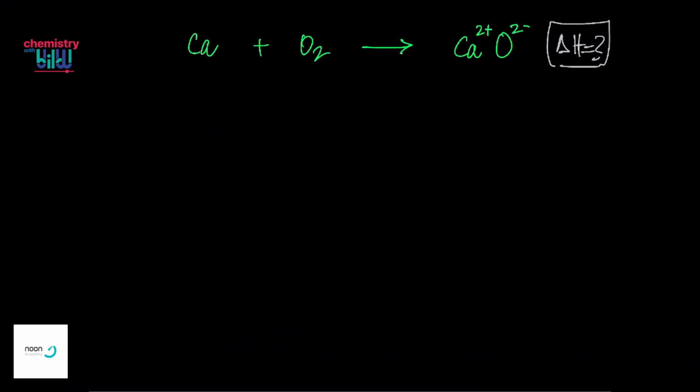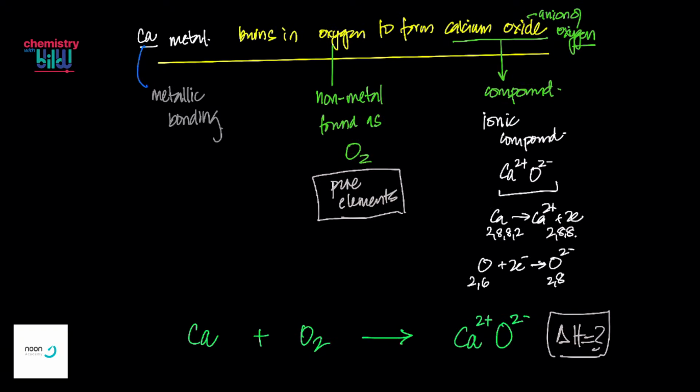Someone asked: metallic versus ionic, what's the difference? That's a big difference, Abdul Muiz. Zoya, we'll talk about ionic equations later. We're just starting out reactions right now. Ionic equations come later. Ionic equations are just equations that have been made different by people asking.